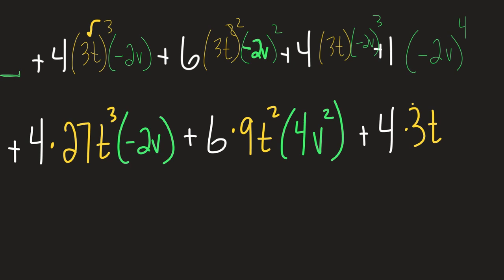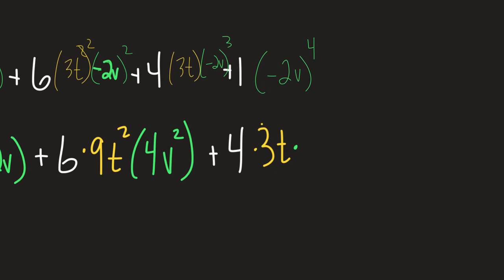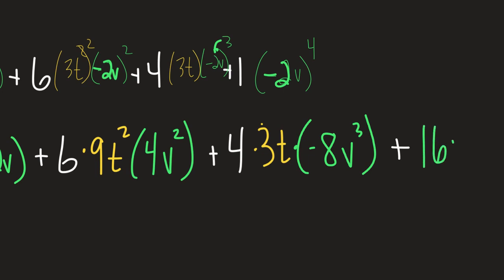Nothing's going on there. But then we have -2v to the third power. So -2 times -2 times -2 is -8 v cubed. Plus, and then my last one is -2v to the fourth. -2 times -2 is +4. So this is a 16v to the fourth power.